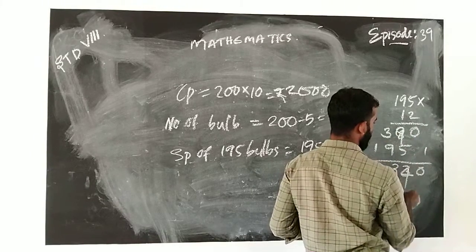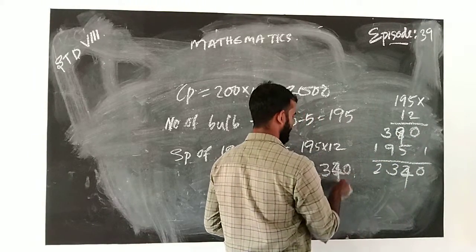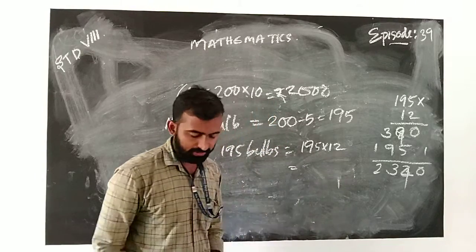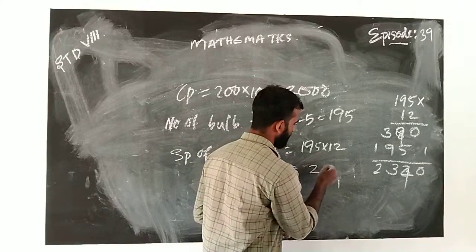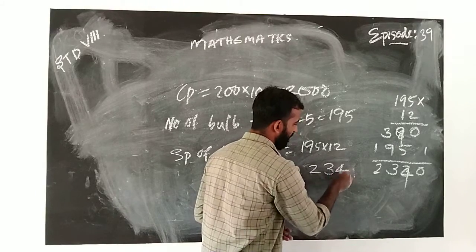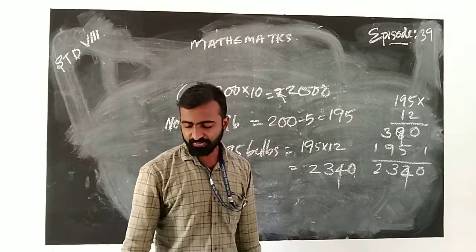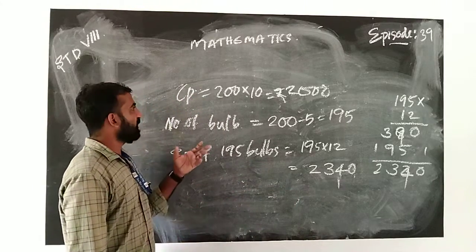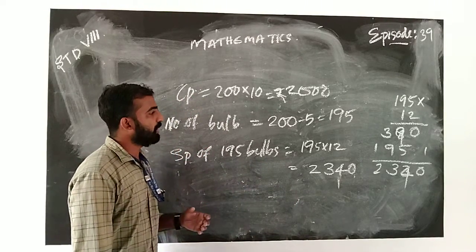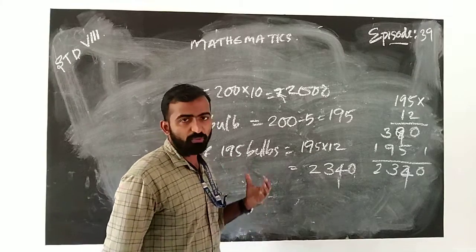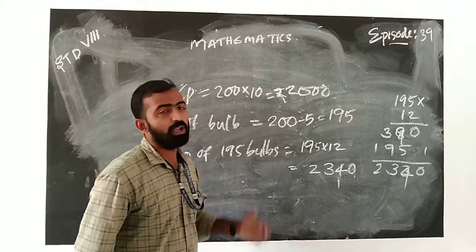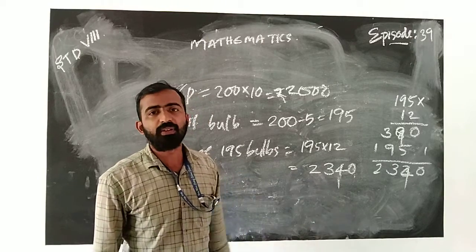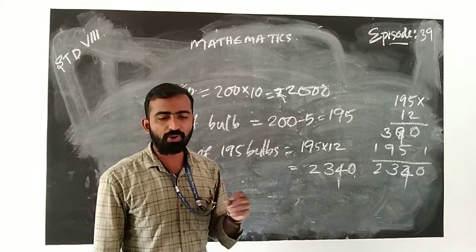That is, here we get 2340. So the cost price of 200 bulbs is 2000, and the selling price of 195 bulbs is 2340. That means they get profit, not loss.